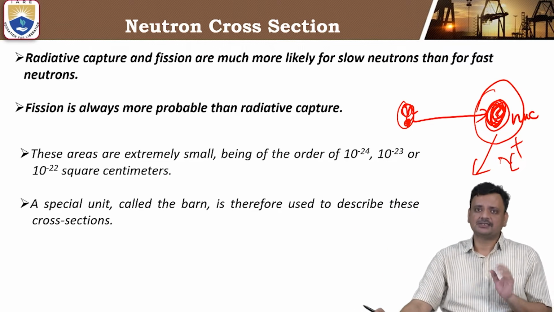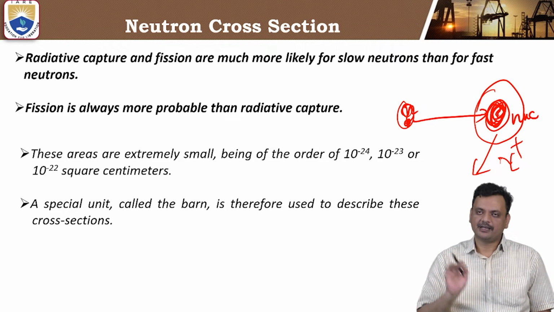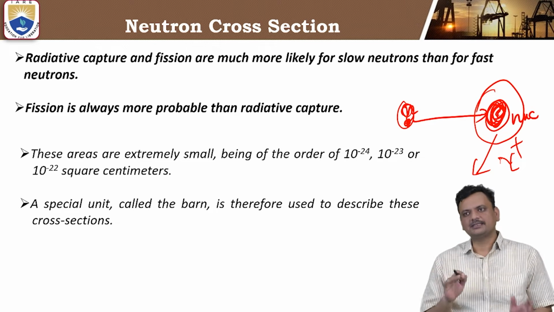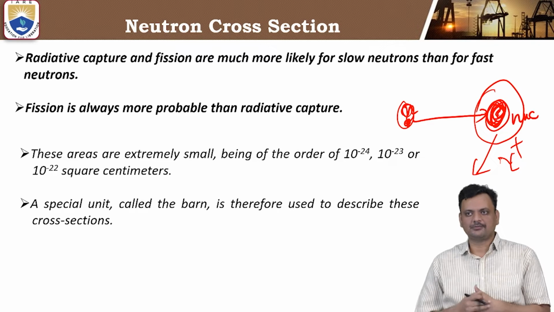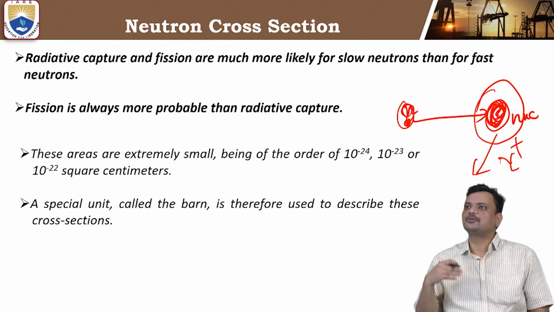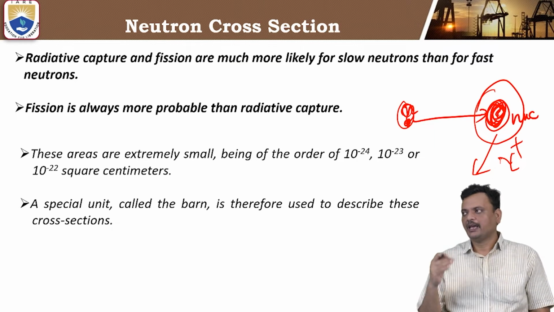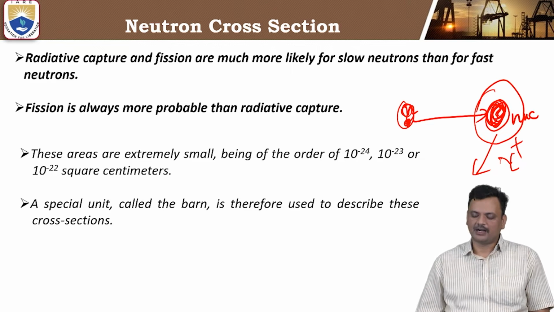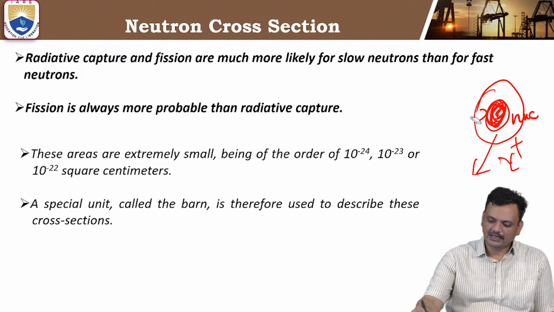This process is known as radiative capture. It is similar to absorption, but here emission also takes place in the form of some different particle. So this is radiative capture.